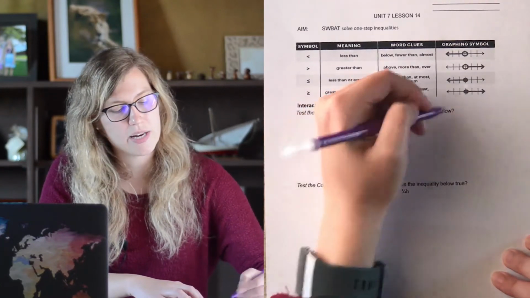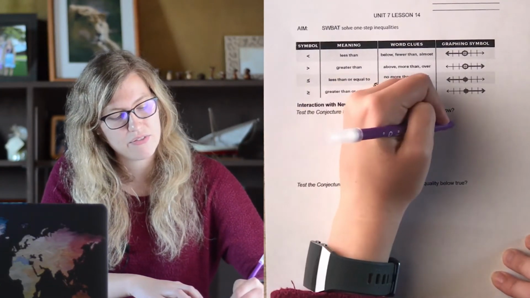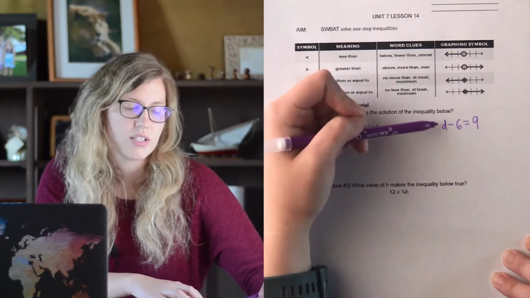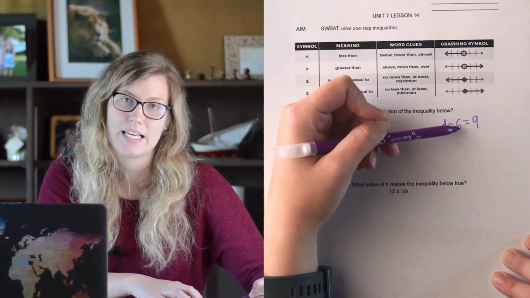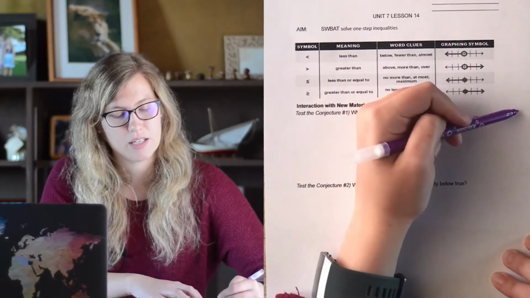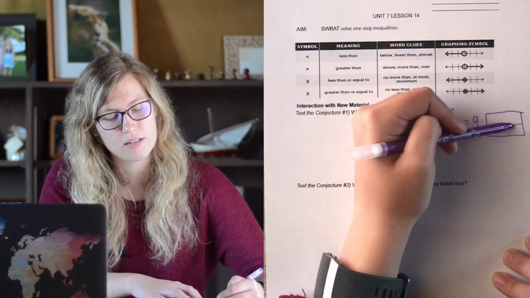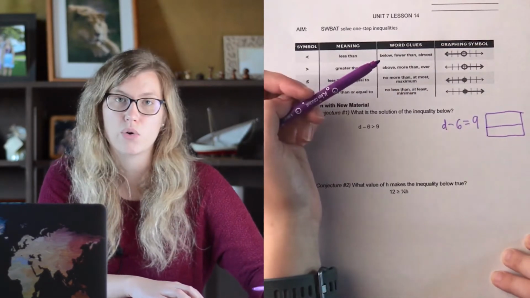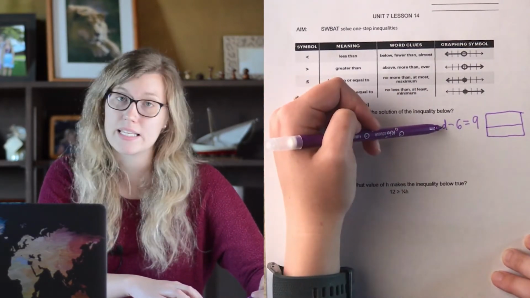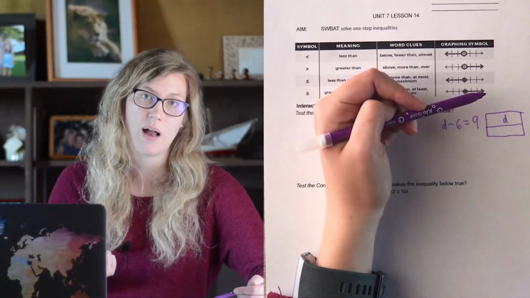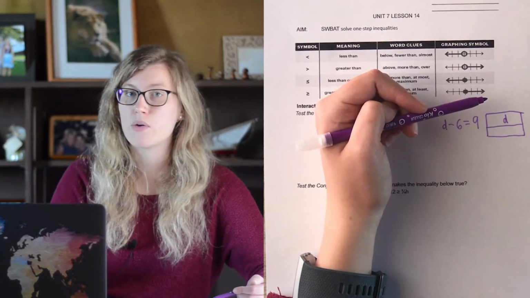So I am actually going to pretend as if it was equals. Some number minus 6 equals 9. I'm going to draw this to help with explaining my model. What is my total here? My D is my total, so that goes on top because that is what I'm taking away from. I can only take away from my total.